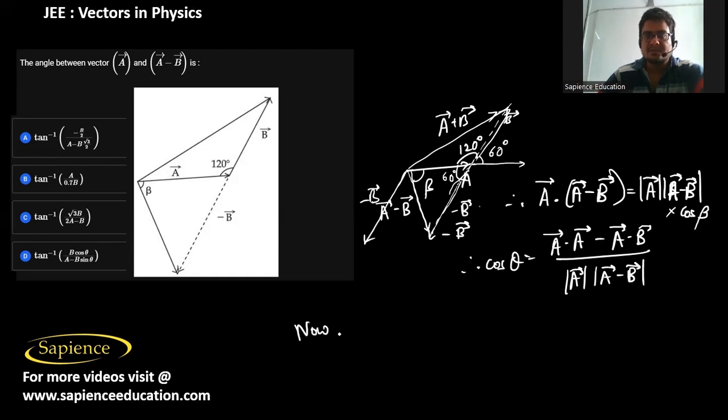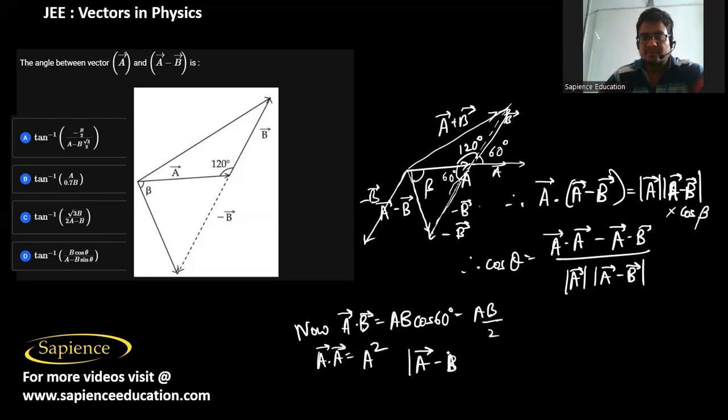Now, A dot B, I can say that is equal to AB cos 60. This is A, this is B, AB cos 60. That is AB by 2. And A dot A is equal to A square.